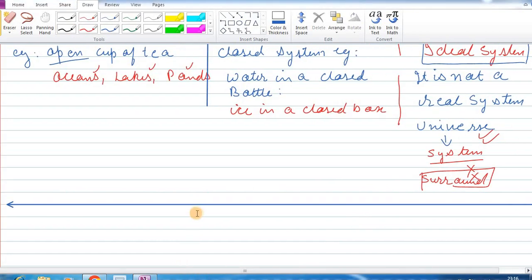So now categorize the following objects or matter into open, closed, or isolated system.